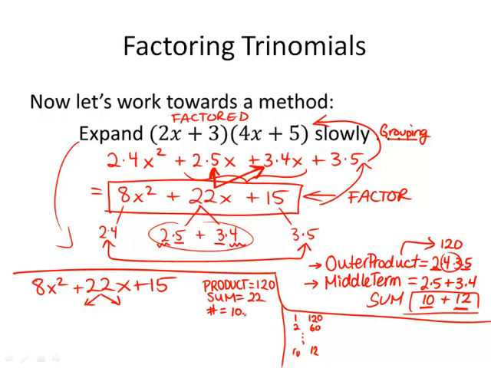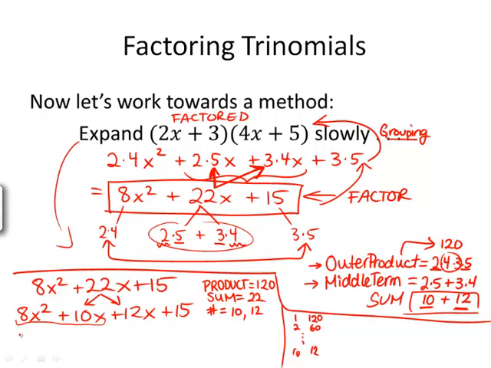In this case, we know that that's where that's going. So we know that 10 and 12, both positive, to give a positive product and a positive sum, will be splitting the middle term. So we could write this as 8x squared plus 10x plus 12x. Order doesn't really matter here. You'll notice that if you put them as 12x and 10x, it would work out exactly the same. Now, let's apply the grouping technique. So factor the first two.